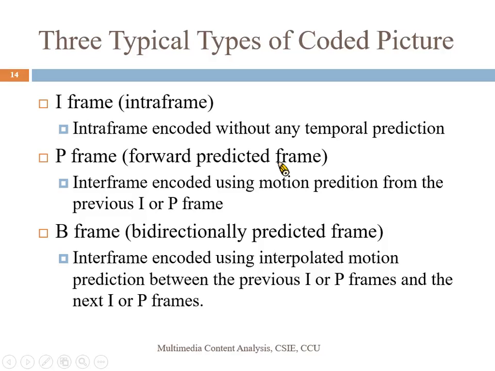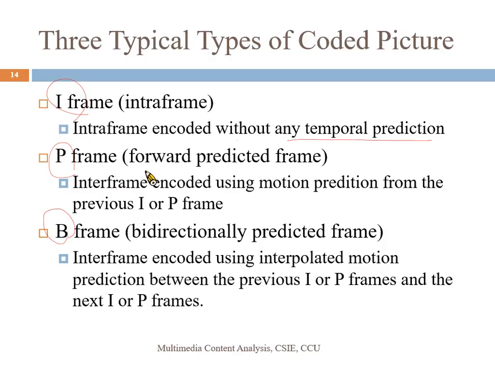We usually have 3 types of frame: I frame, P frame, and B frame. I frame is called intra frame. For intra frame, we encode everything. We encode all the information of all pixels. So in intra frame, we encode it without any temporal prediction.